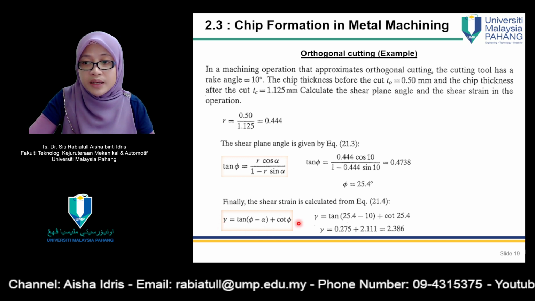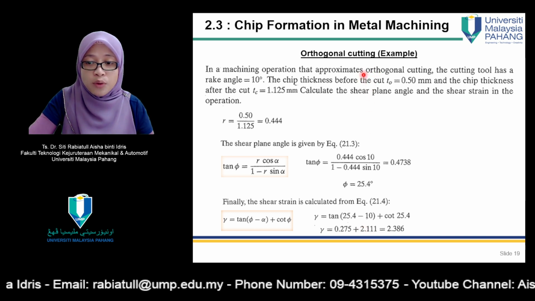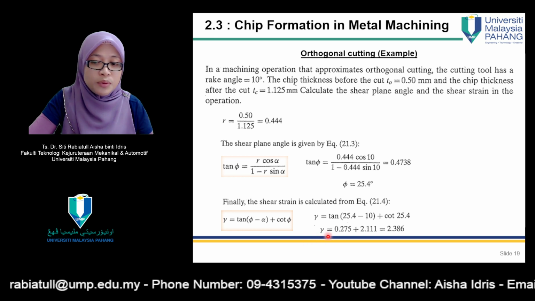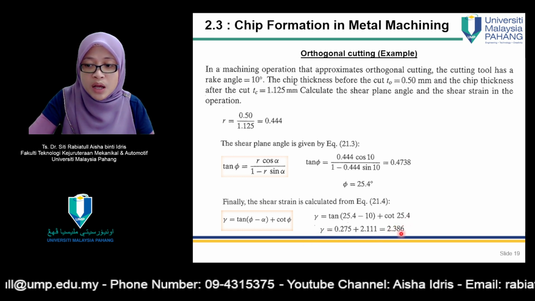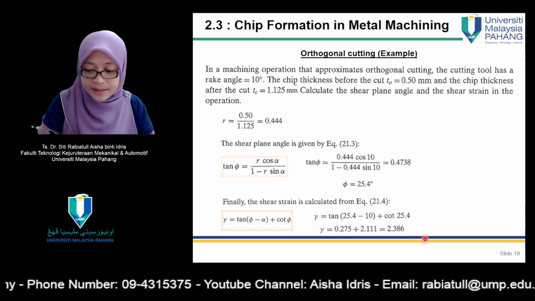So again, substitute all the information given in this question as well as from your calculation into the formula. Then you should be able to get the value of shear strain, which equals 2.386.